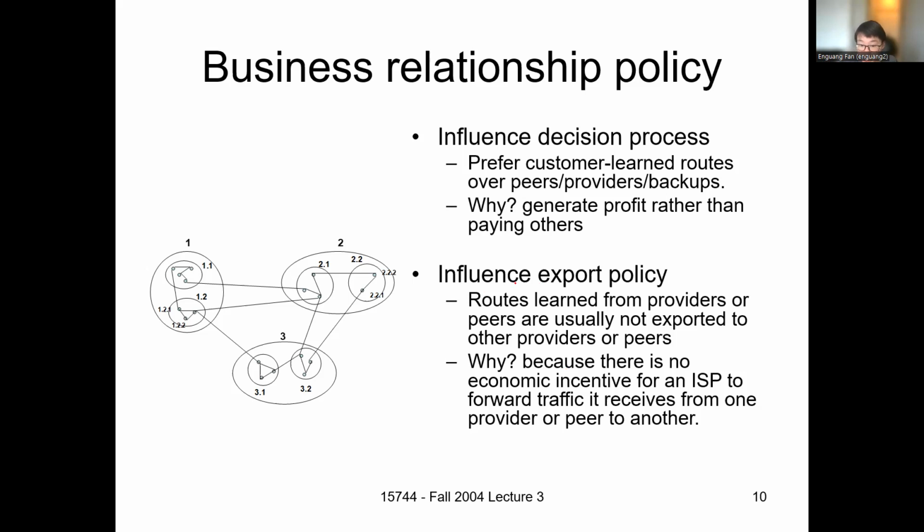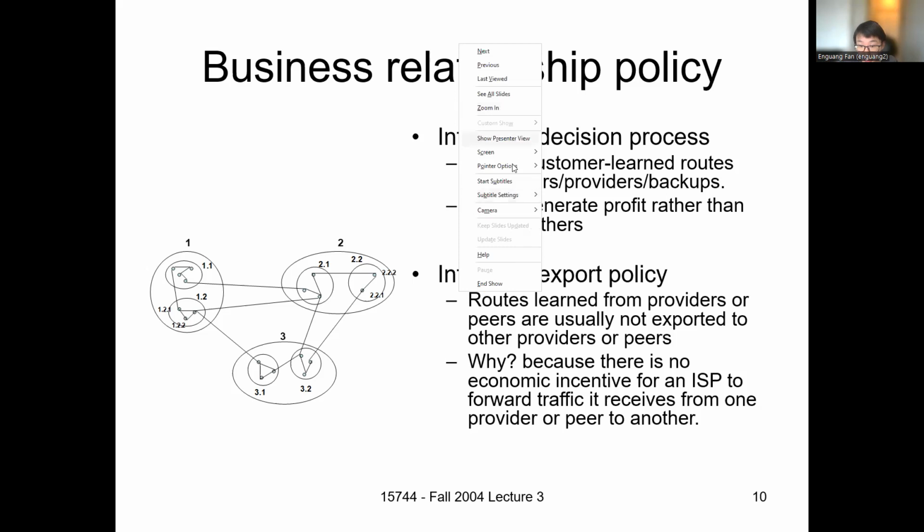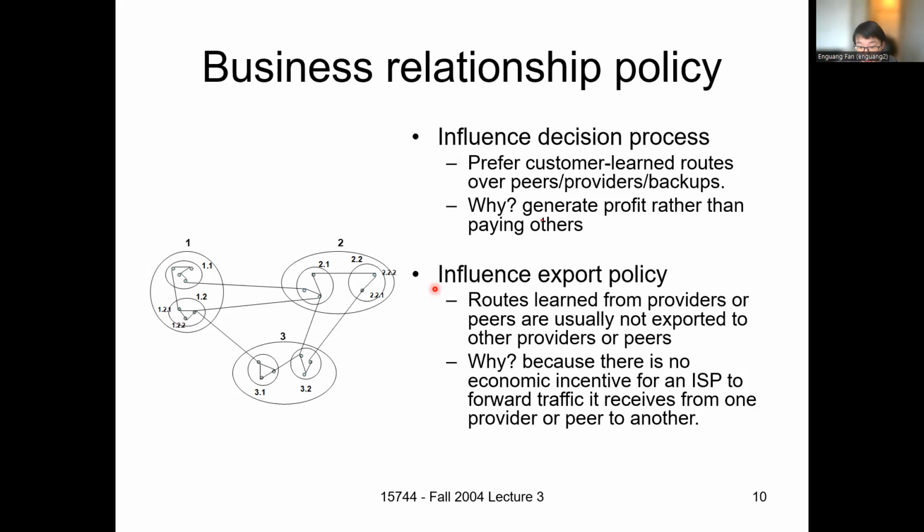And another possible influence is that, okay, let me use a pointer, it can influence the export policy. The routes learned from the providers or peers are usually not exported to other providers. It means I'm not going to further forward that information. Why?